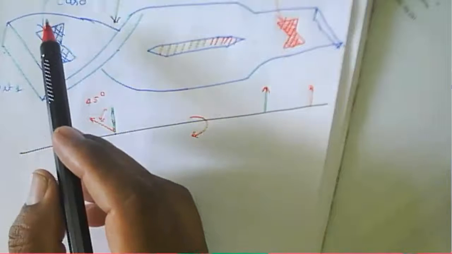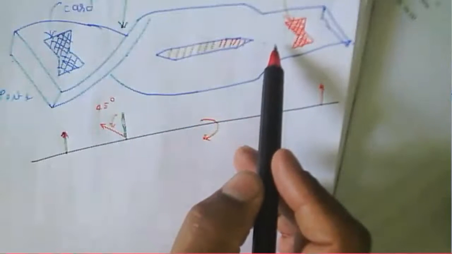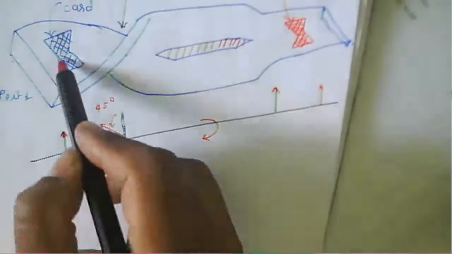And that resistive card is a thin resistive card. It is available at the input as well as at the output. So what is the role of this particular resistive card?